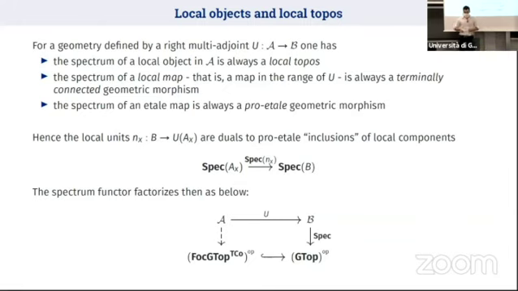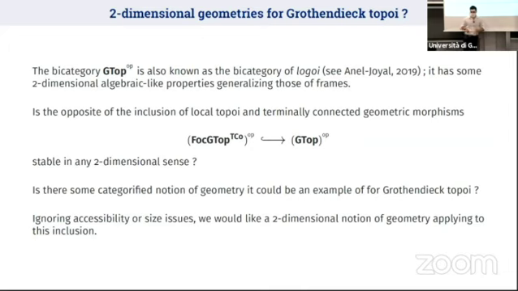And this means that for any notion of spectrum, you have a kind of factorization of the spectrum through the inclusion of the bicategory of local topoi and terminally connected geometric morphisms. And this led to the question whether, in some two-categorical sense, this inclusion itself of local topoi and terminally connected morphisms is dual to some kind of two-dimensionally stable pseudofunctor.